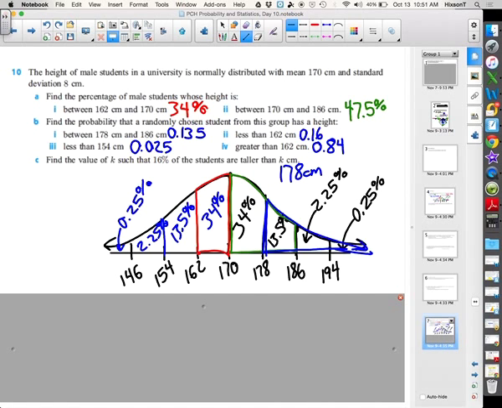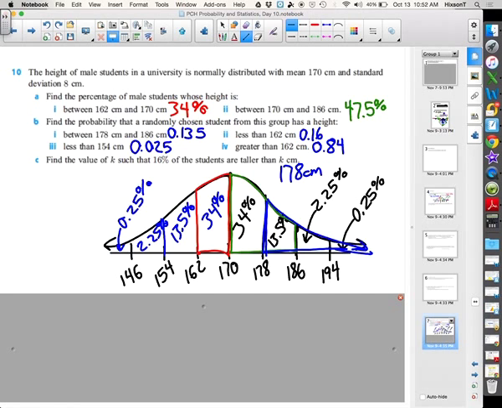What if I asked you, what percent of these students are at least 174 centimeters tall? 174 is kind of in the middle of that, right?